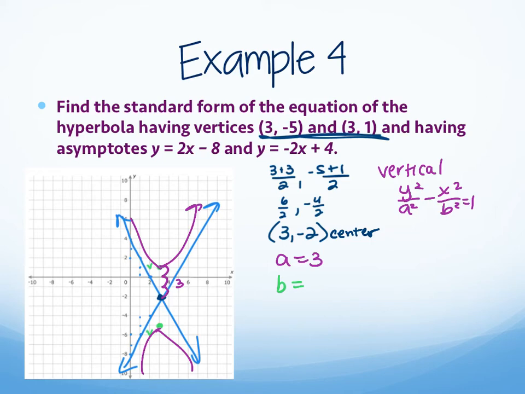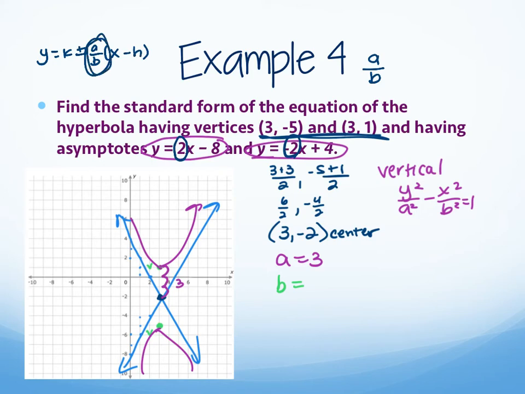The other thing I need is the b. Because I don't know the foci, the only other piece of information it gives me is my asymptote. And really the only piece of information you need from the asymptote is the slope, because for a vertical hyperbola, remember it's y equals k plus and minus a over b times x minus h.